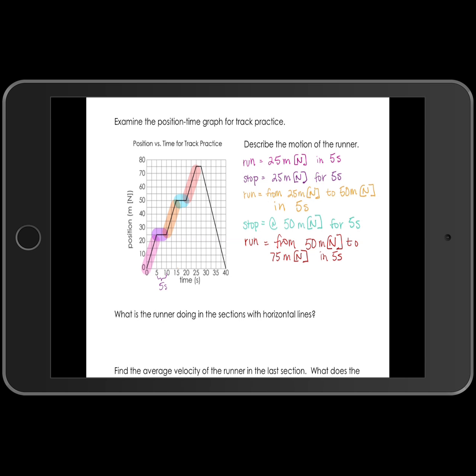Then we have this stopping point up here.